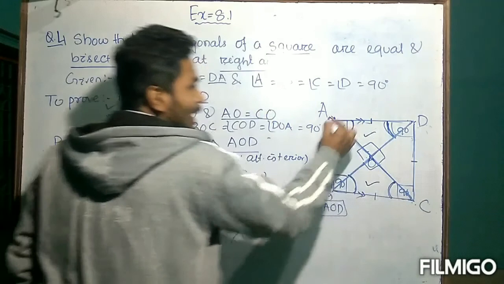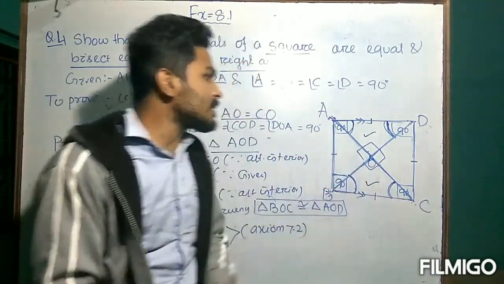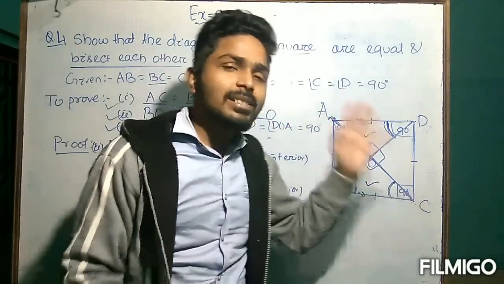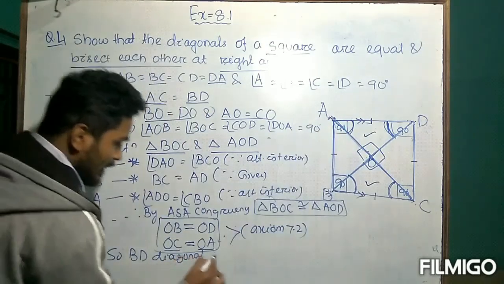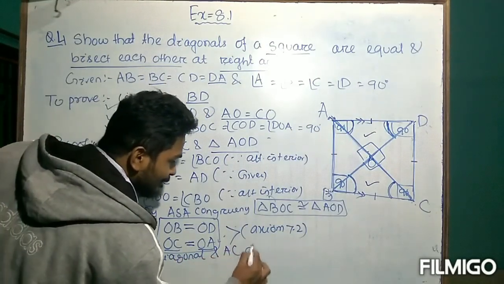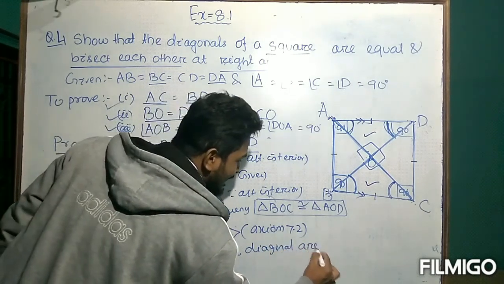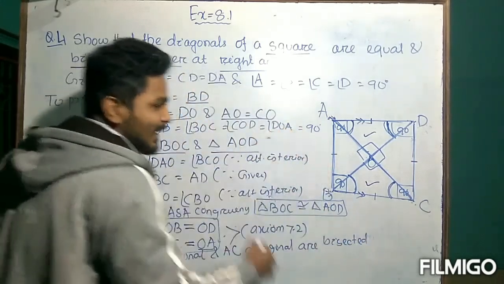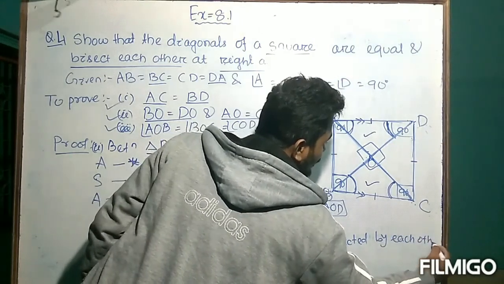It means the total diagonal AC is divided into two equal halves, OA and OC. It means this AC is also bisected at the point of intersection. Both diagonals are bisected. Yes or no? Yes, by each other.